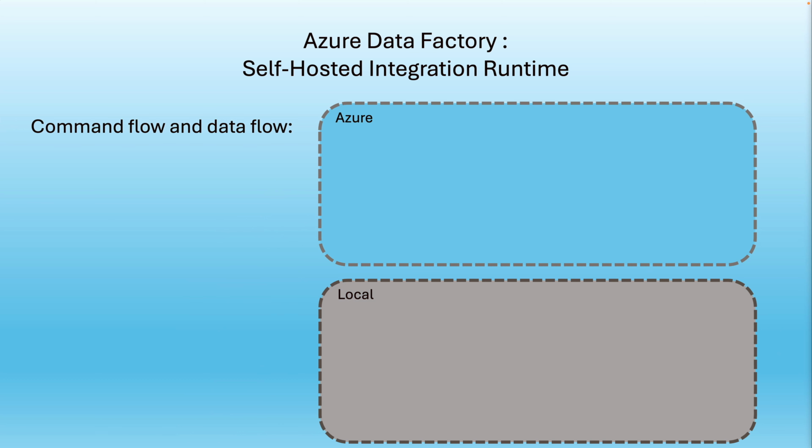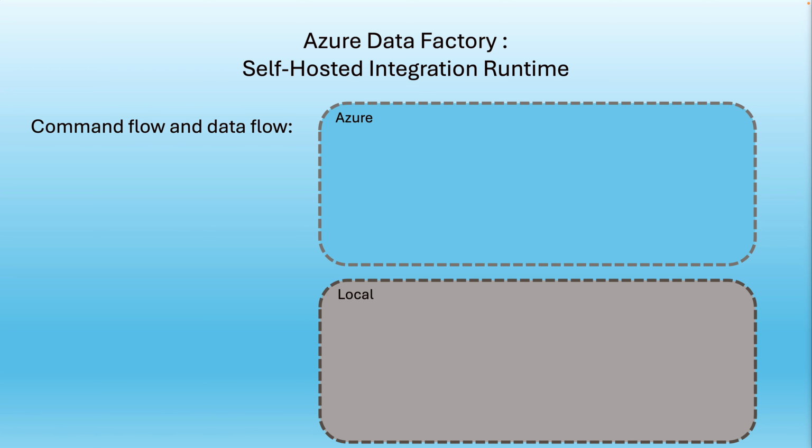Command flow and data flow is something very important to understand when using self-hosted integration runtime. Let me try to explain it as per the steps involved in the process. We have 2 networks: one is Azure, another one is the local private network.